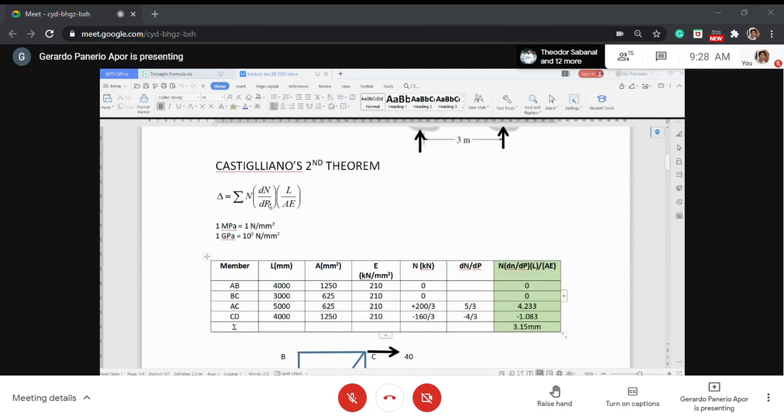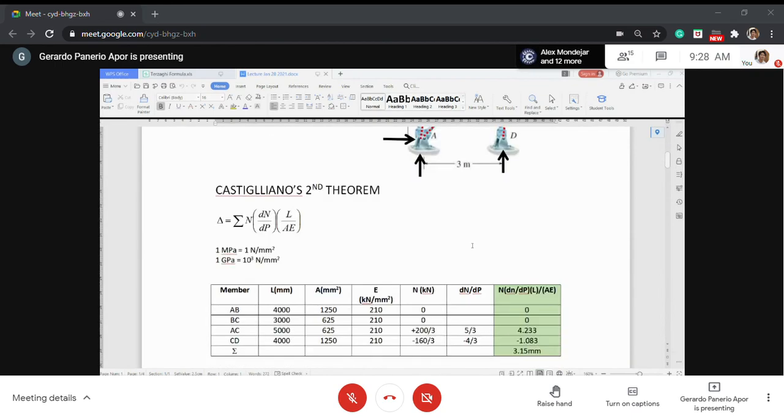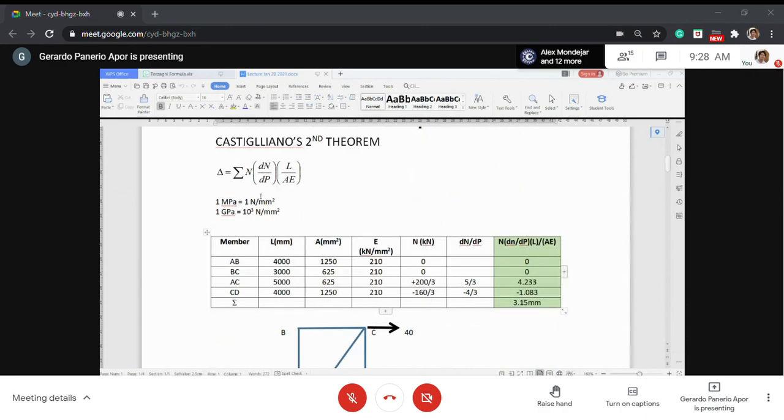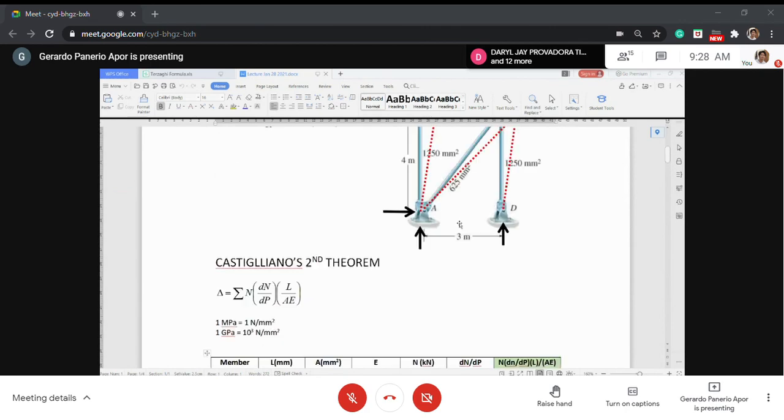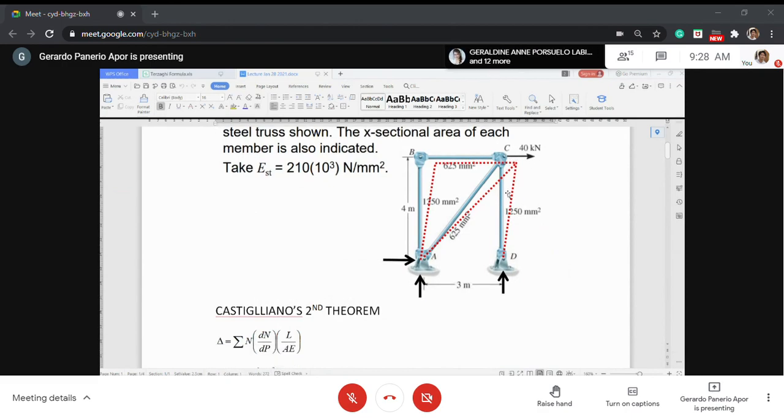Now this N is the axial force. So you do structural analysis here, like truss analysis, using this 40 kilonewton load. Summation of N is the axial force of all the members. So if the load is acting at joint C horizontally to the right, then you can see that BC and AB are 0.